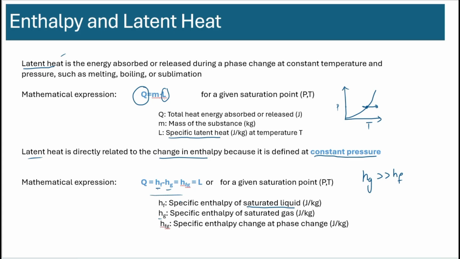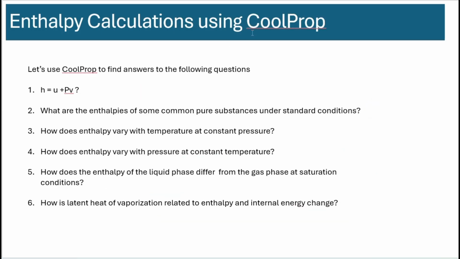All right, now let's check all this out in CoolProp and verify the numbers firsthand. The things we'll do in CoolProp are, first, see whether H equals U plus PV is correct. Does it work for all scenarios? We'll verify that for some of the fluids. Then we'll check the enthalpies of some common pure substances under standard conditions.